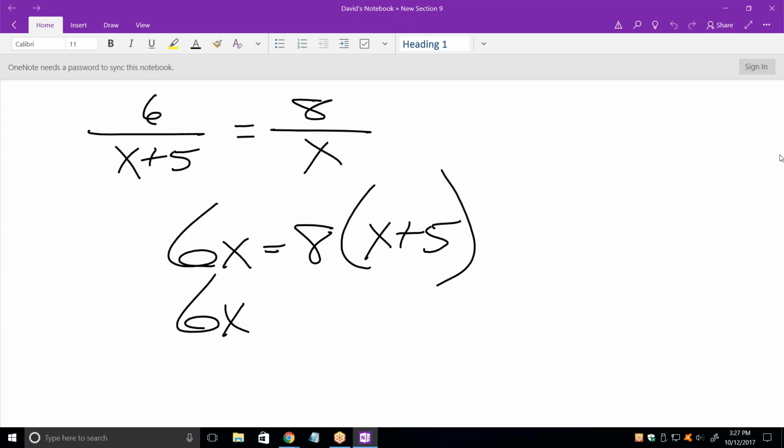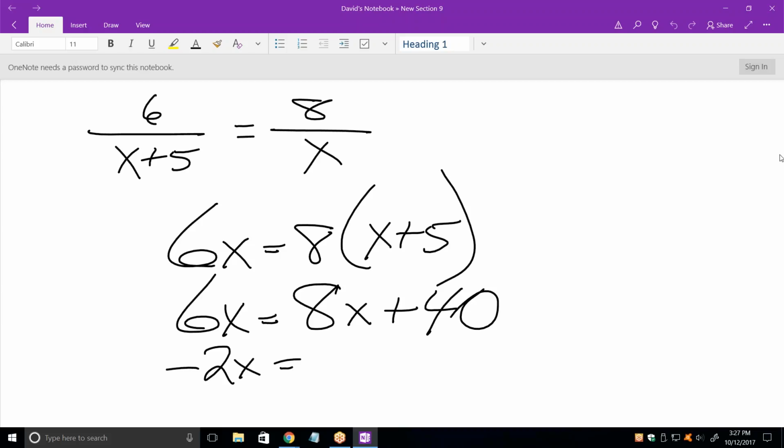Simplify by distributing the 8. Now what? Would you divide by 6 on both sides? No, you gotta gather all of your like terms on one side and all the numbers on the other. So you would subtract 8x on both sides? Okay, that'll give me minus 2x equals 40. And then you divide by negative 2. Minus 20.